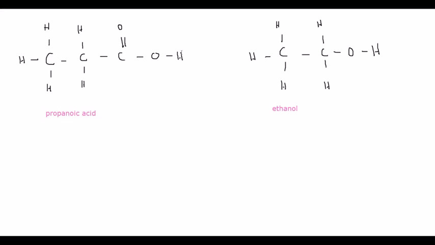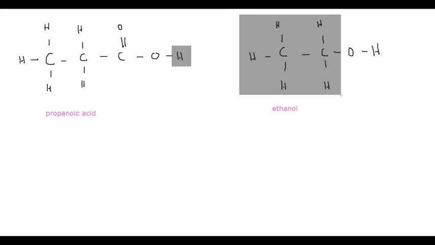The hydrogen of this acid is replaced by the carbon chain, the full carbon chain. So this whole carbon chain will take the position of hydrogen, and hydrogen will take the position of this carbon chain. So what will be the result when I draw the structure of the product?